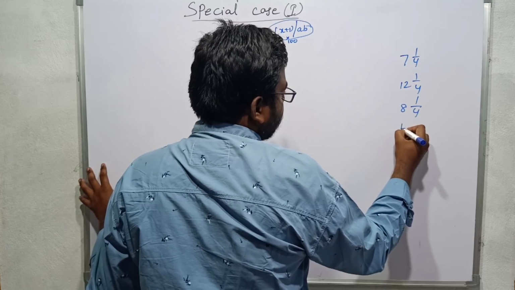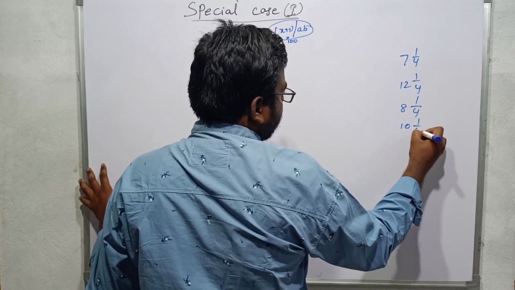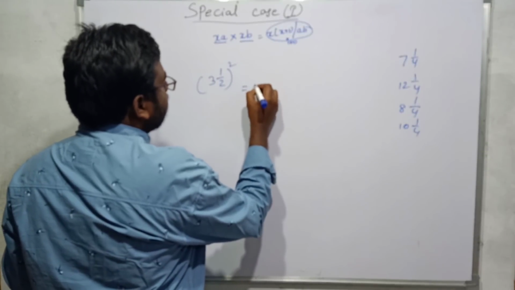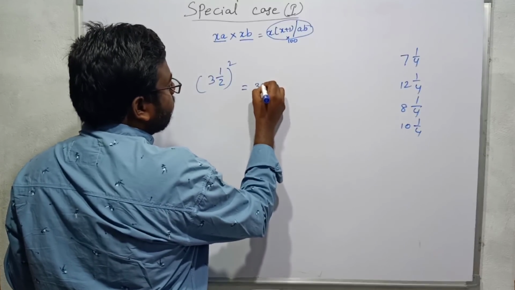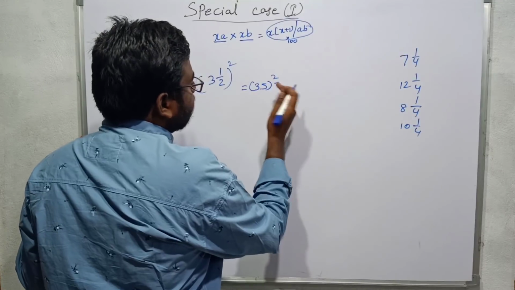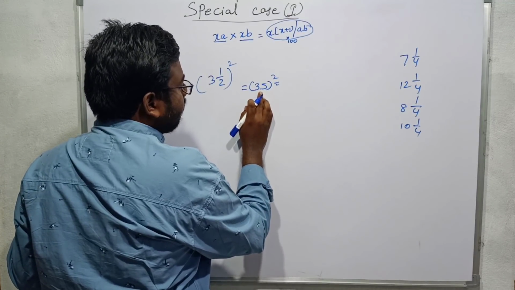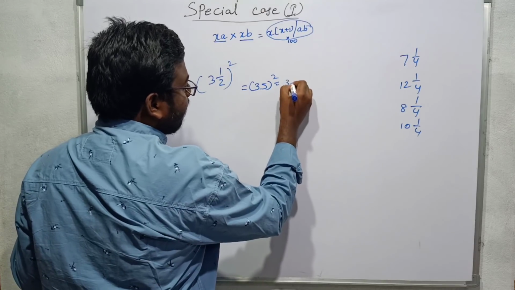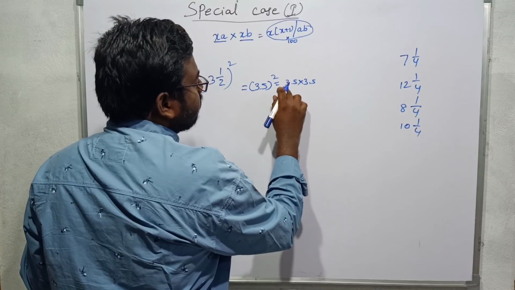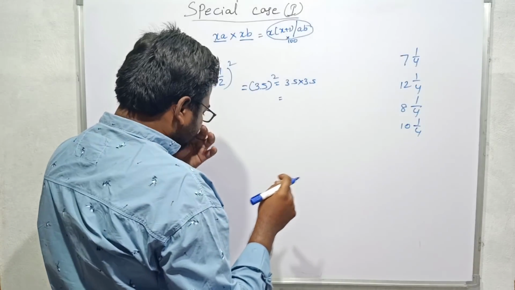For example, 10 1 by 4, like that they can give. What we will do means 1 by 2 is nothing but 0.5, 3.5 whole square. If I forget about the point, I can write this as 3.5 into 3.5. First I will calculate this 3.5 with removing points.